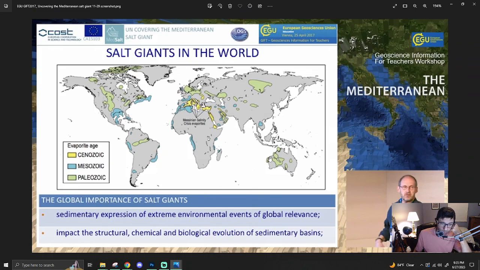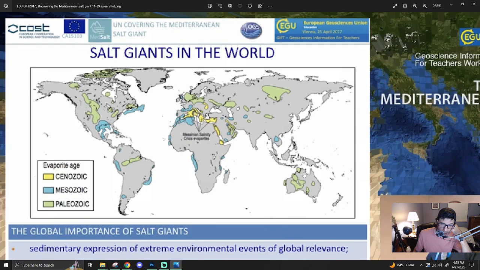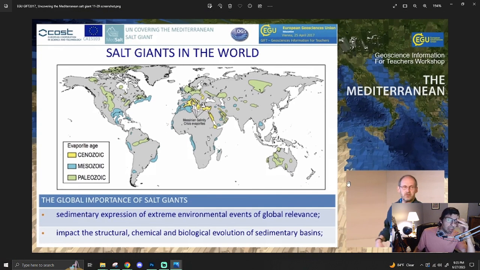I'm not sure where the tip of India would have been, like over here somewhere. So this would have flowed past India. And Australia at that time might have gotten some deposition on it then. In the Paleozoic salt giants of the world.